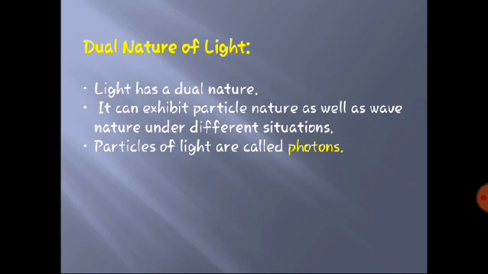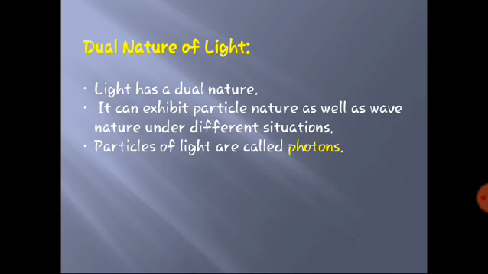In some situations it behaves like a wave, and in some situations it behaves like a particle. We are going to study wave nature in this chapter, and the particle nature, which is basically known as photons, we are going to learn later in one of the chapters of your syllabus.